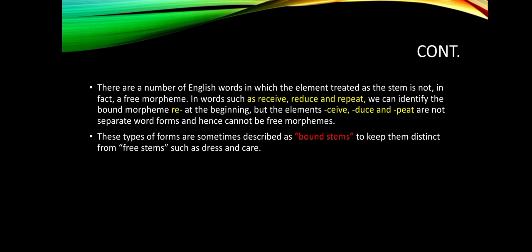For example, if we see the example of receive, if we take re as a bound morpheme, the remaining part, ceive, is not a separate word. Similarly, I have given a few other examples here. These are not separate word forms, hence cannot be free morphemes. These types of forms are sometimes described as bound stems. We call them bound stems to keep them distinct from free stems such as dress or care.